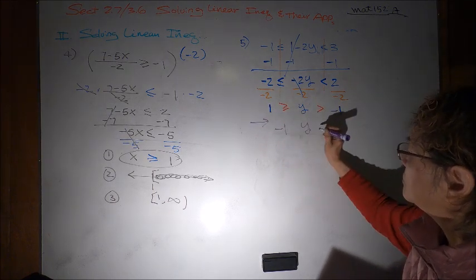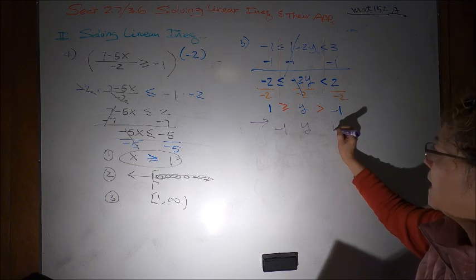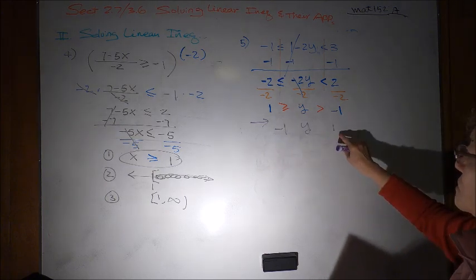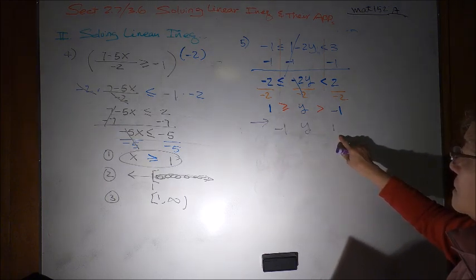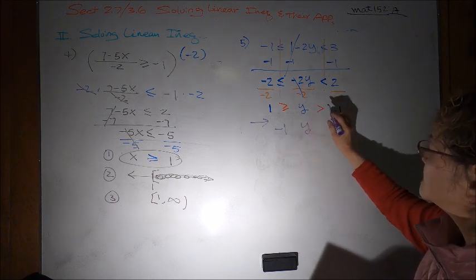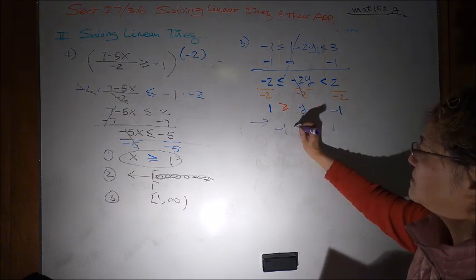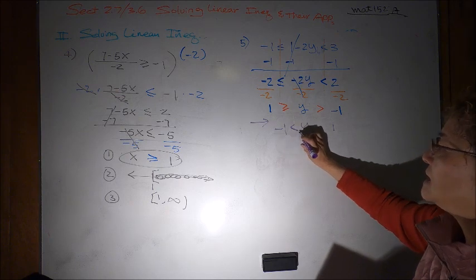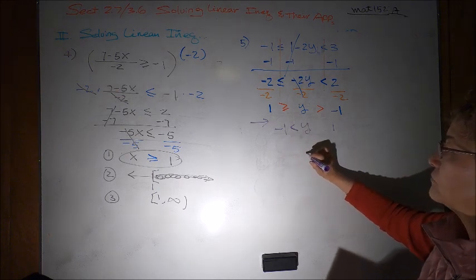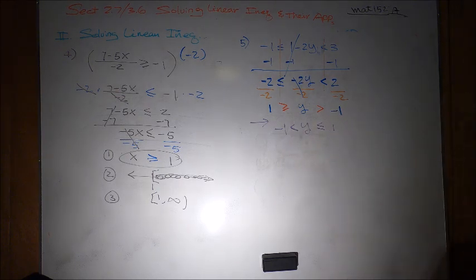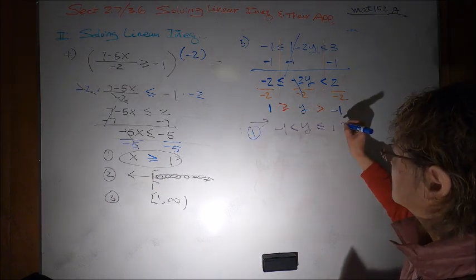Okay, negative 1 here, 1 here, smaller number to the larger number. Y is bigger than negative 1. It's the same thing as what? Negative 1 is less than y. And here will be less than or equal to 1. Right? So that's how we write the answer.